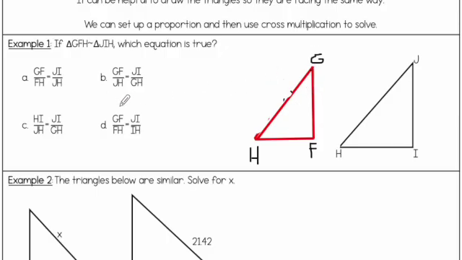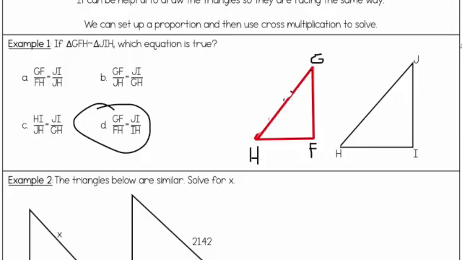So let's look at C. And we have HI is to JH as JI is to GH. So that's not going to work either. Then we have GF is to FH as JI is to IH. And that is your answer.